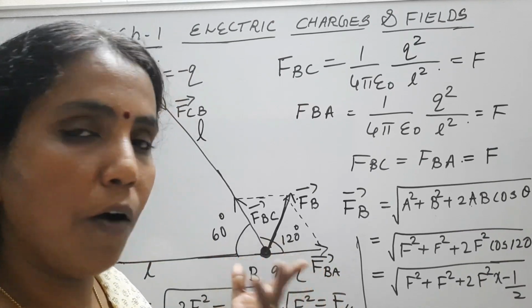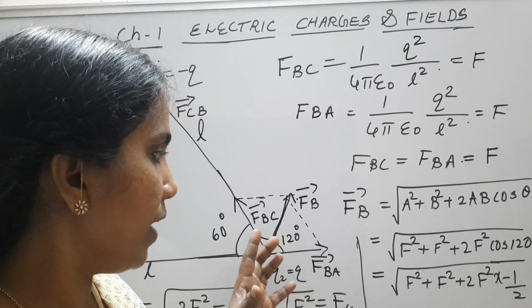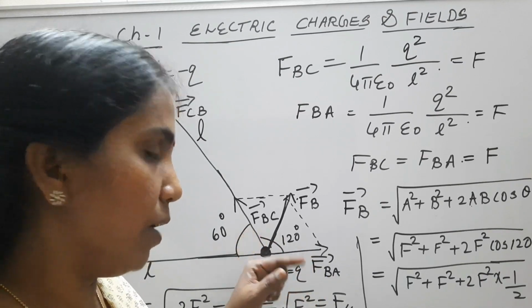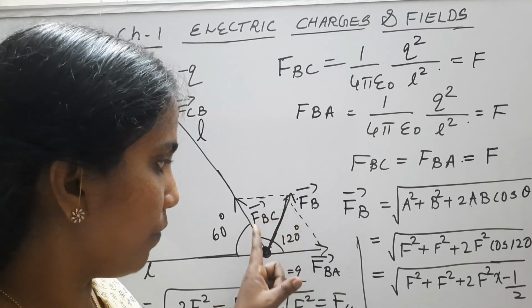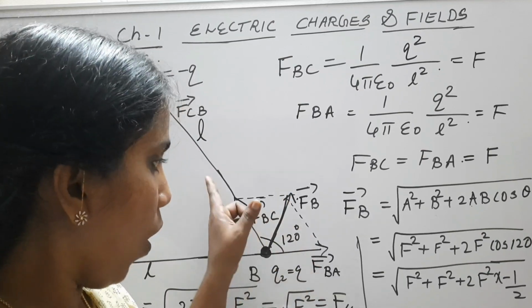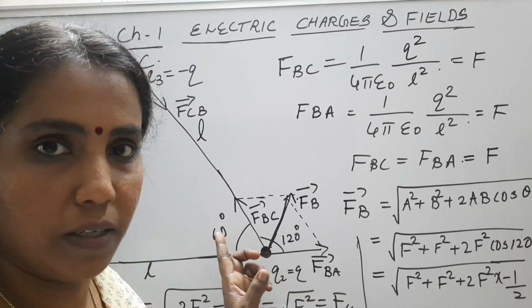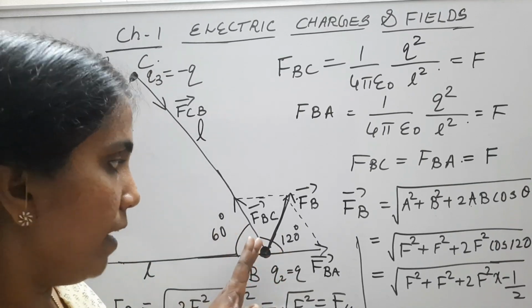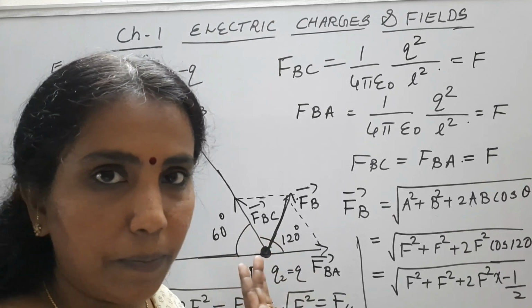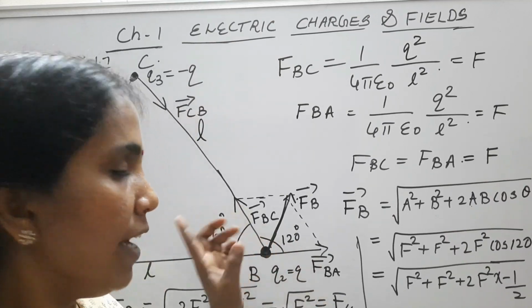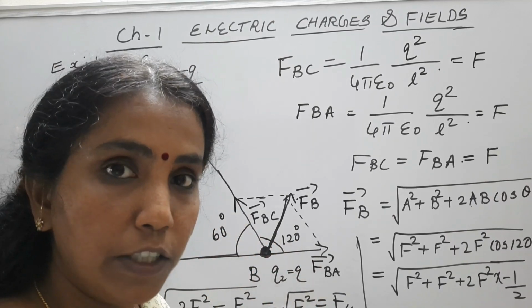So how will we state the direction? You can speak about the direction in terms of angle, either the angle made by this FB with the FBA or with the FBC. Here the angle between FBC and FBA is 120 degree and both FBA and FBC are of equal magnitude.